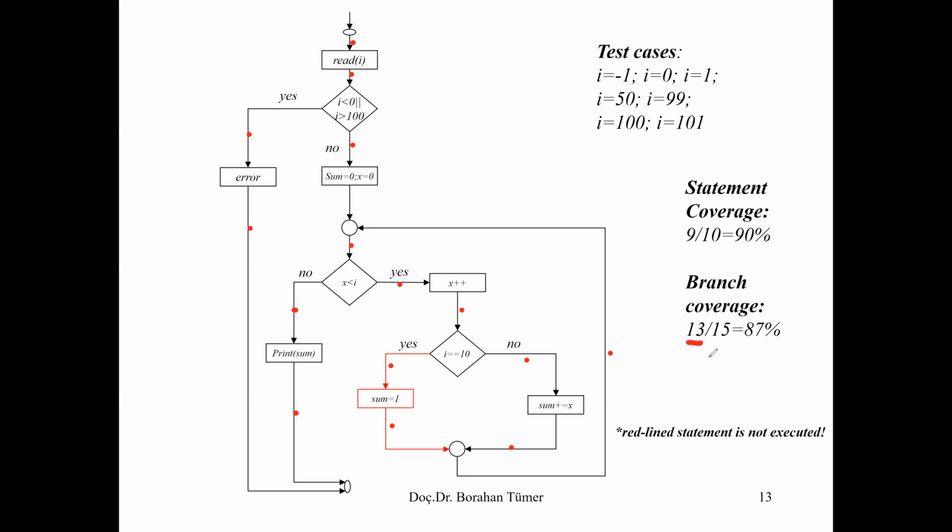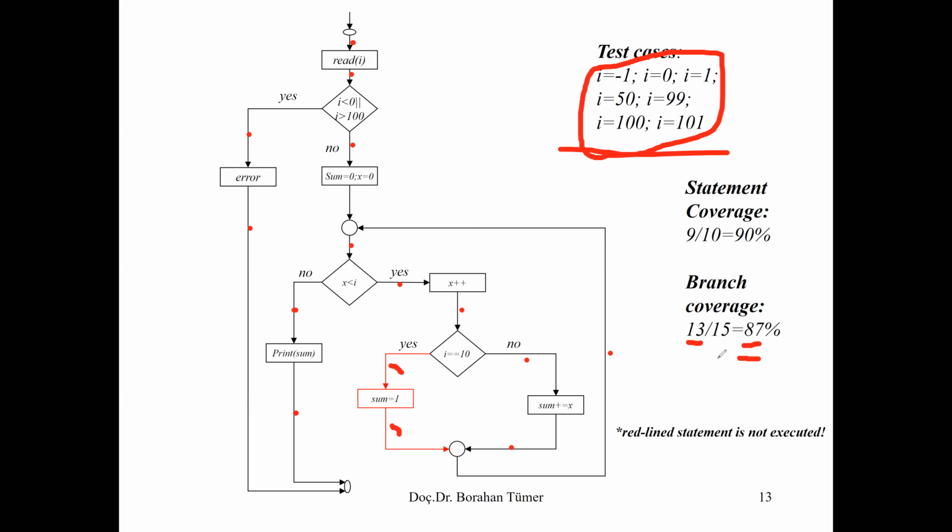So the black box test cases give me only a branch coverage of 87%, which is 13 out of 15 edges. So these two edges are not tested using the black box test cases. So this gives me an 87% branch coverage.